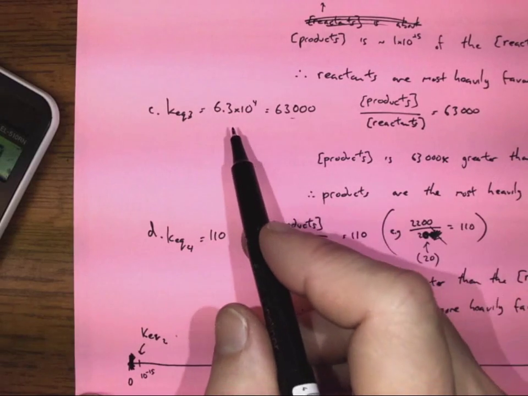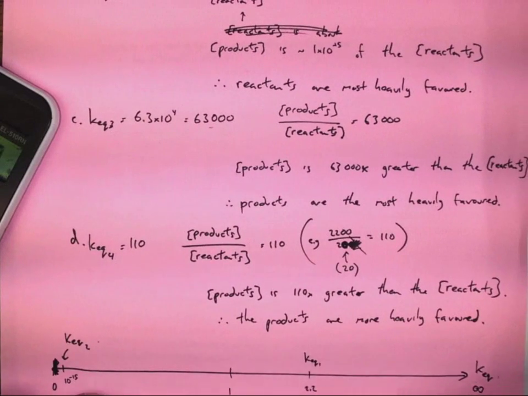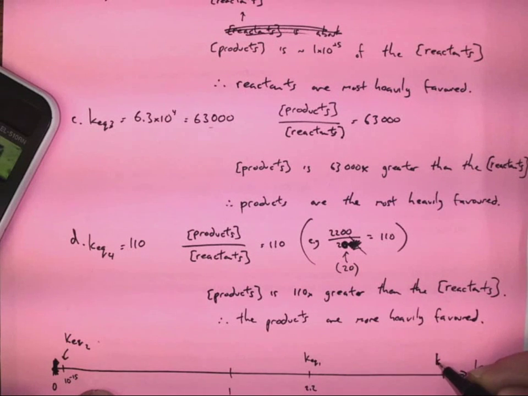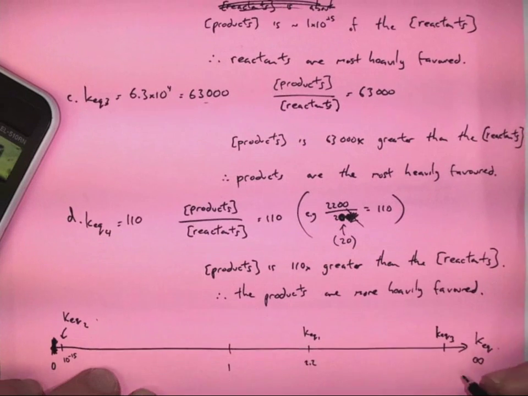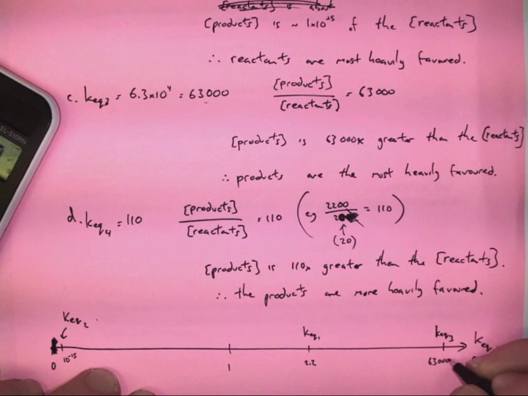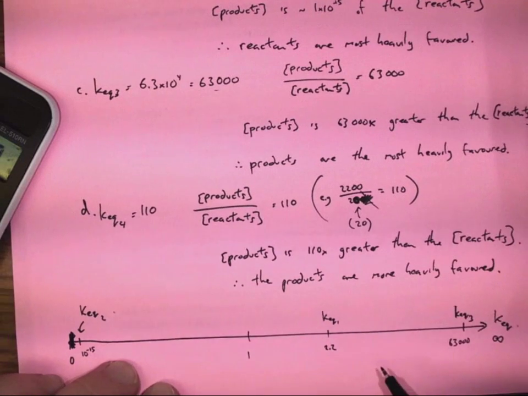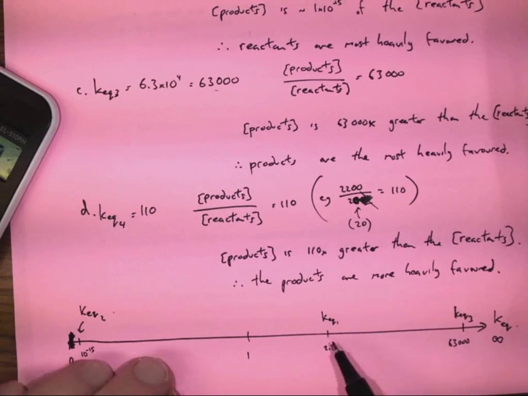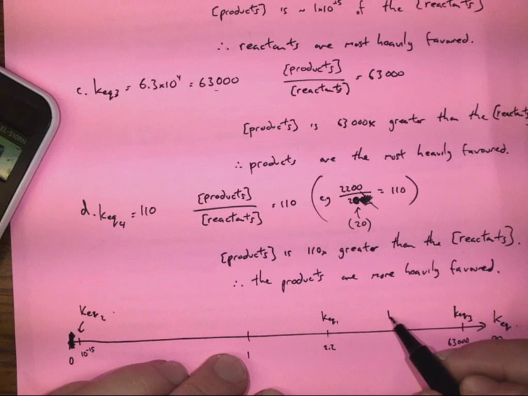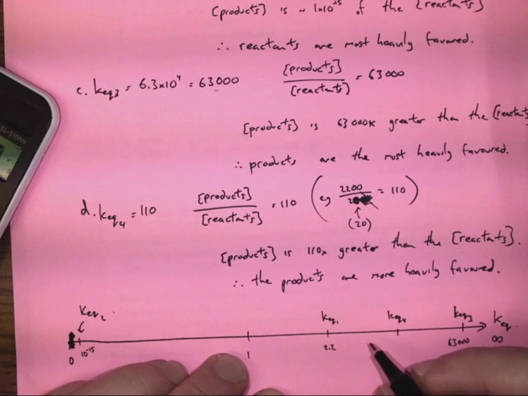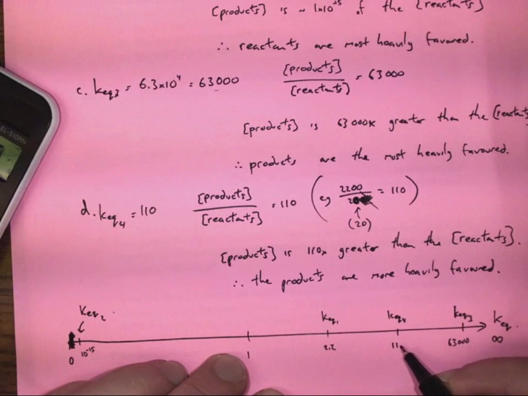All right, and then I've got KEQ3, which is 63,000, which is out here. And that's 63,000. And KEQ4 is in between, which has a KEQ of 110.